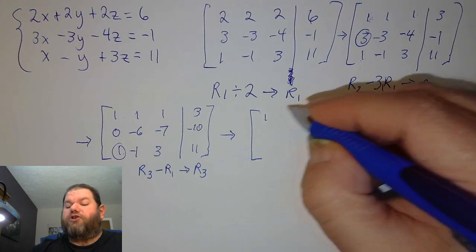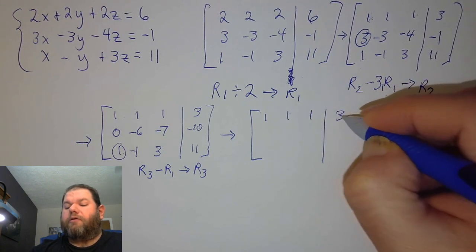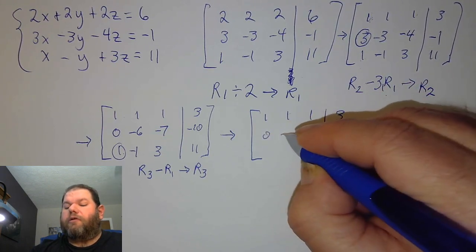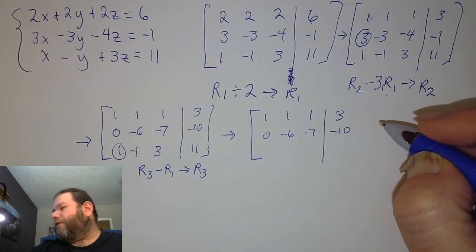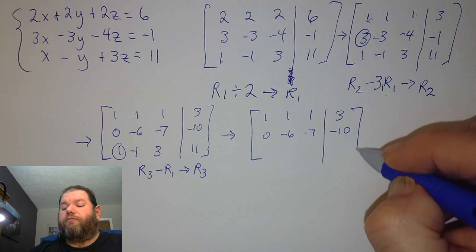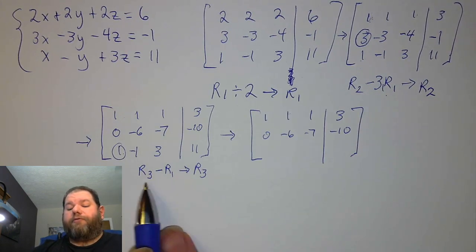We're only changing row 3 here. The first two rows we can just rewrite, knowing that they haven't been changed. But we're altering row 3, so row 3 minus row 1.